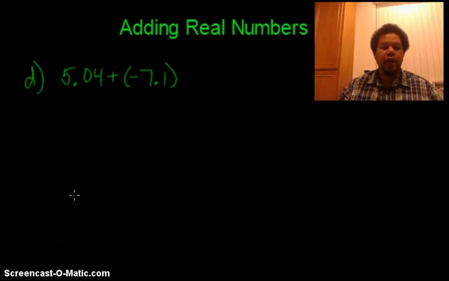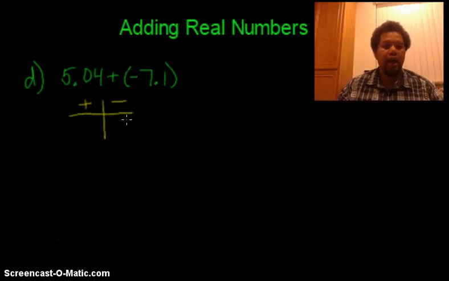Okay, so now decimals. If you forgot how to add and subtract decimals, what you need to do is line them up when we're adding or subtracting them. The first thing we're going to notice is that this one has 2 decimal places after the decimal point. This only has 1. So when we add these, we have to make sure that the decimal points line up with each other. Again, I'm not sure if I'm supposed to add or subtract these numbers, so I'm going to use my scoreboard.